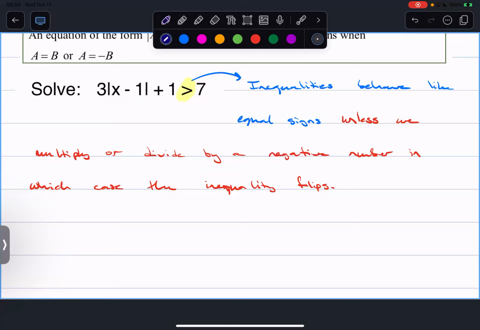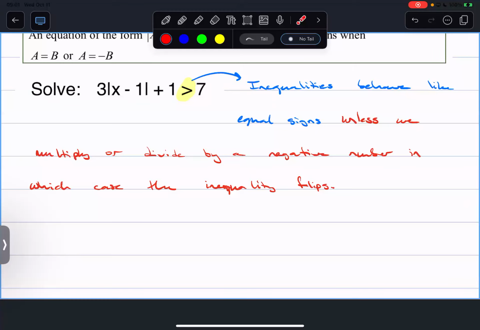Okay. We have to solve this thing. We want to know where an absolute value, it's been squished a little, it's been moved to the right a little, it's been moved up 1, right? And we want to know, where is it greater than 7, right? Just knowing what it looks like is going to help us figure it out, right?